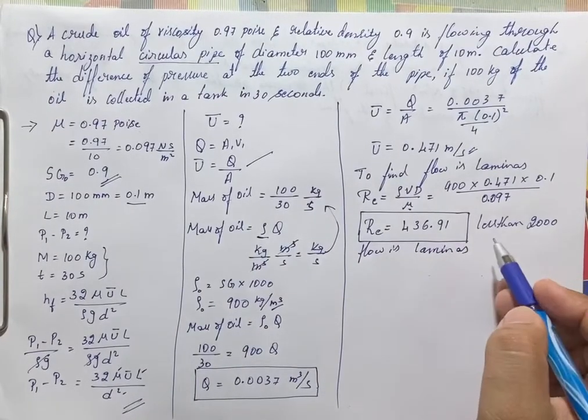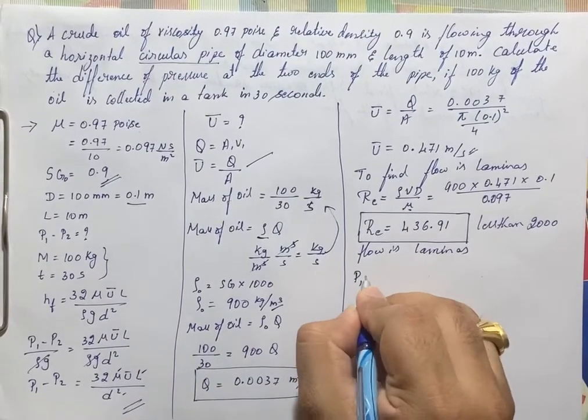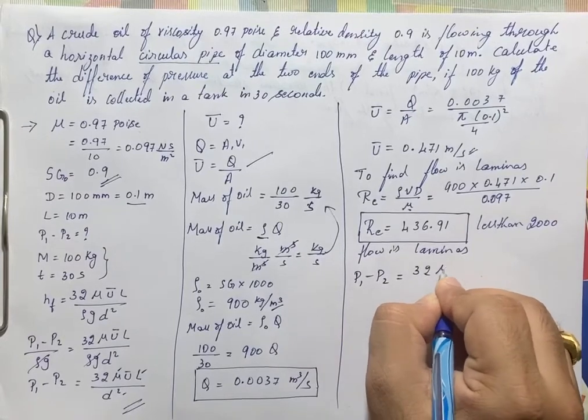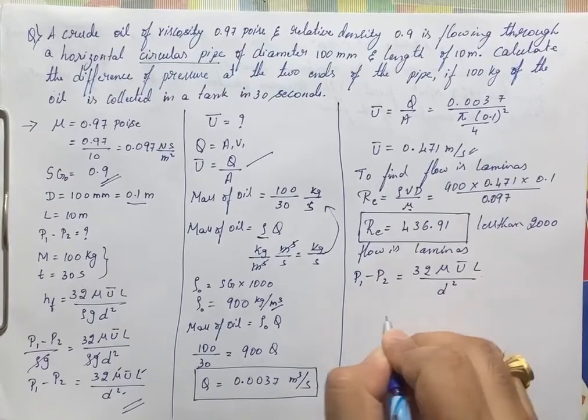So I can substitute this U bar in the pressure formula, that is P1 minus P2 is equal to 32 mu U bar L divided by D square.